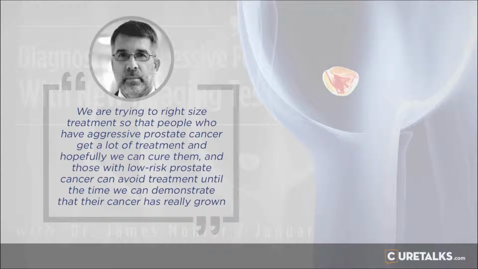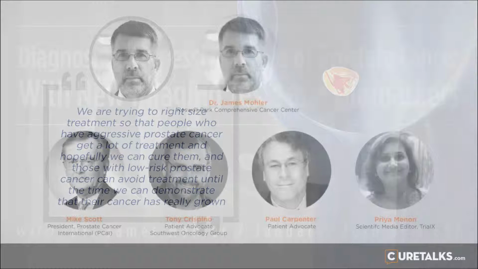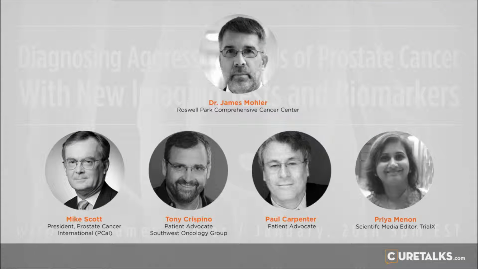All right, so I always have trouble remembering more than one question at a time, but I'll try and handle this. So let's take the multi-parameter MRI first. This is a technologically demanding test that requires basically 3 MRIs in one.